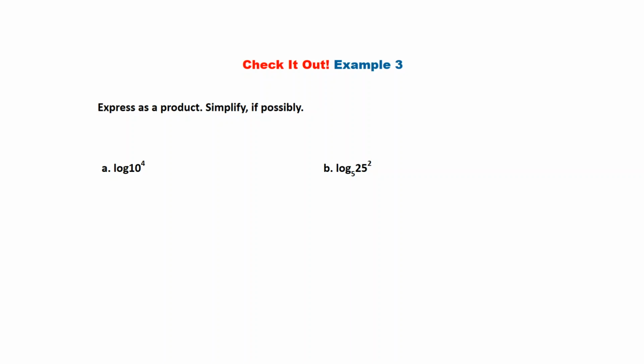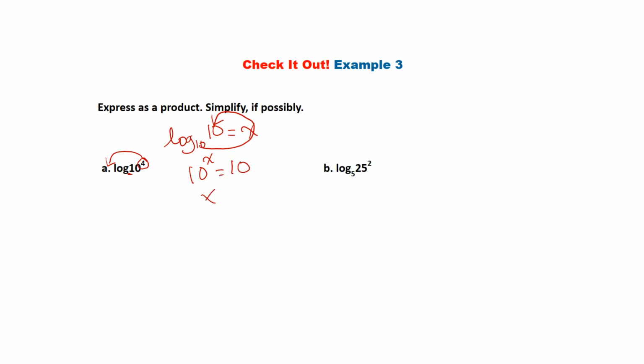Okay, so on this one, remember using our power rule, we're just going to bring our 4 over. And notice I don't have anything in my base here, so I'm just going to say log base 10 of 10 equals x. So 10 to the x power equals 10.